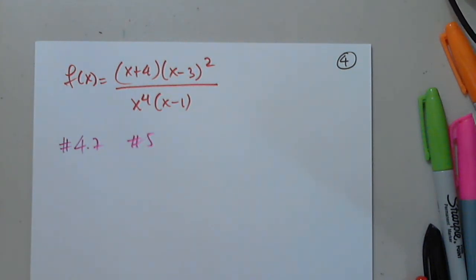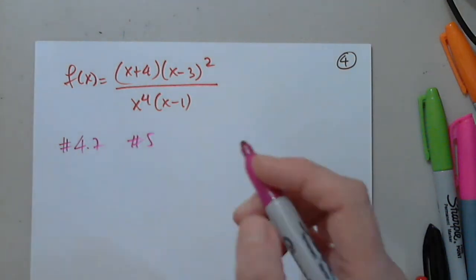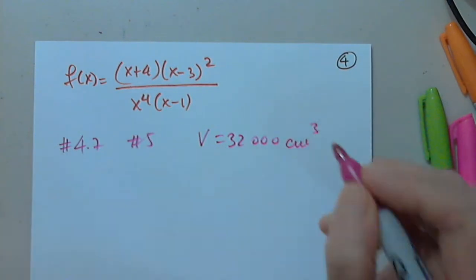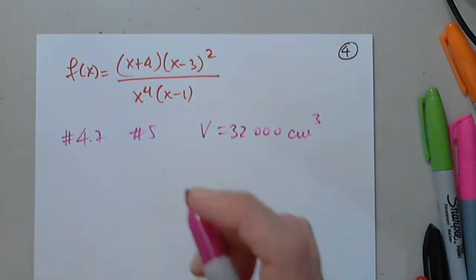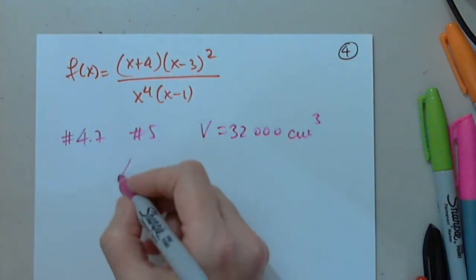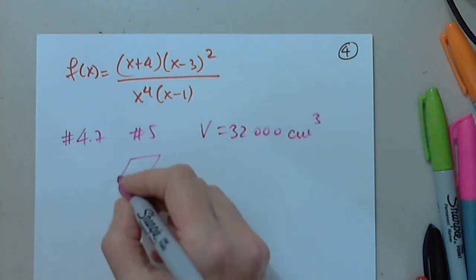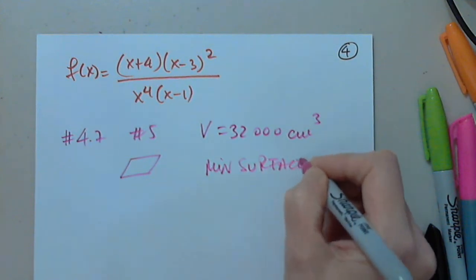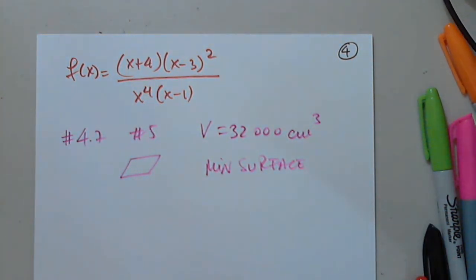So a box with a square base and an open top has a volume of 32,000 centimeters cubed. Find the dimensions of the box in centimeters that minimizes the material used. So minimize the surface. Very good. I lost you guys.